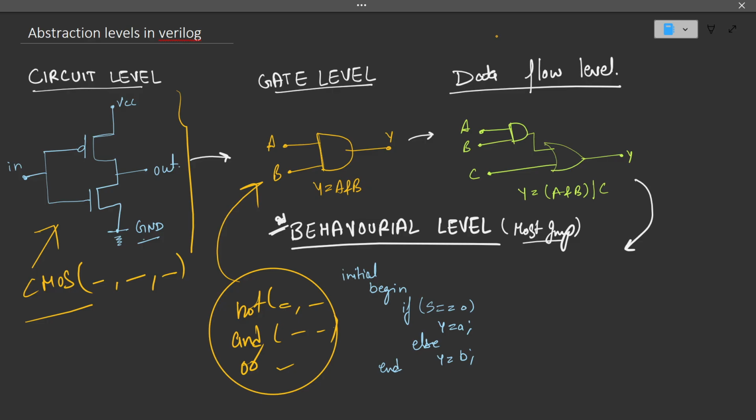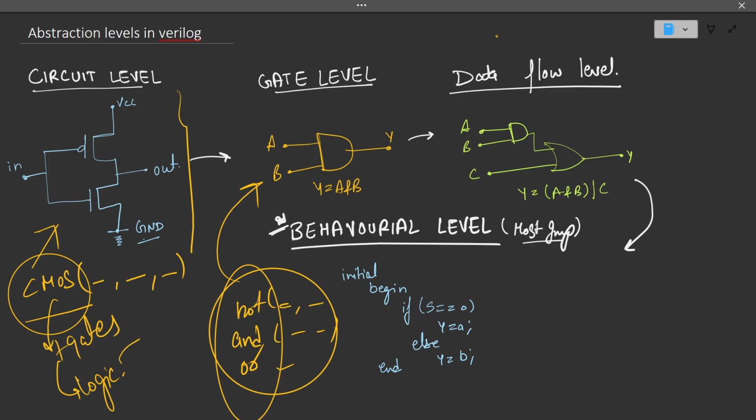Moving ahead, another abstraction level Verilog supports is the data flow level. Over here, transistors make gates, these gates make logic, and this logic makes another circuit work. In gate level, we have directly moved to gates.